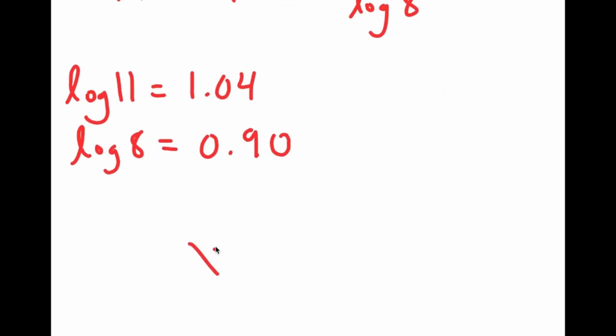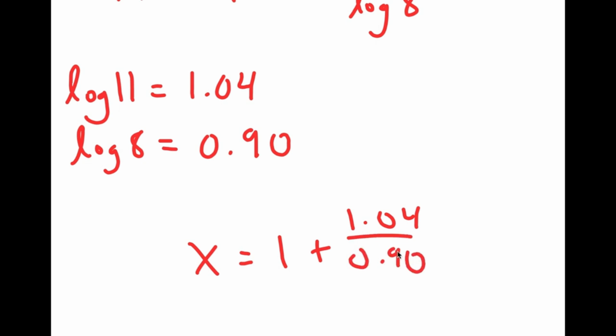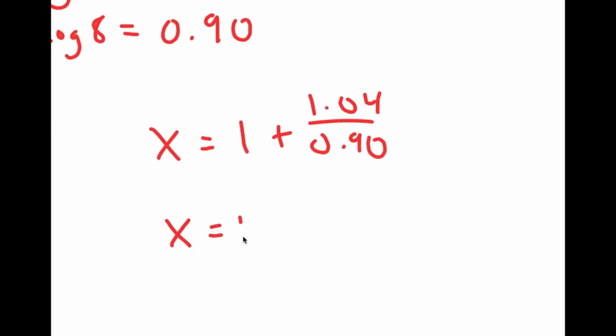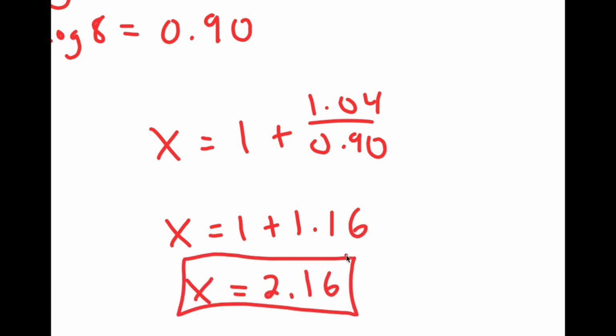So I get x is equal to 1 plus 1.04 over 0.90, which is equal to 1 plus 1.16, meaning x is equal to 2.16. So this is my answer.